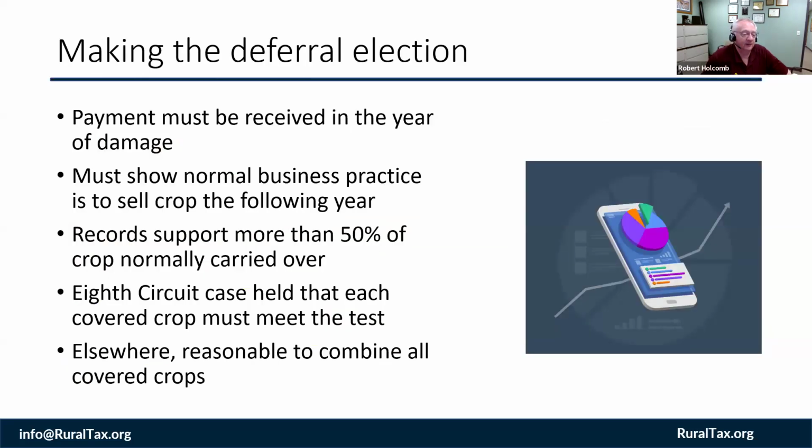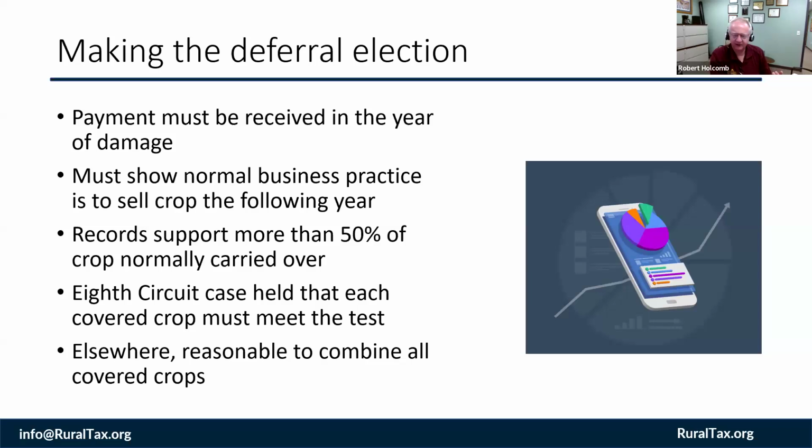Let's talk a little bit about the mechanics of actually making this election. If you're going to do the deferral, these are the requirements. The payment has to be received in the year of damage. We kind of alluded to that earlier.